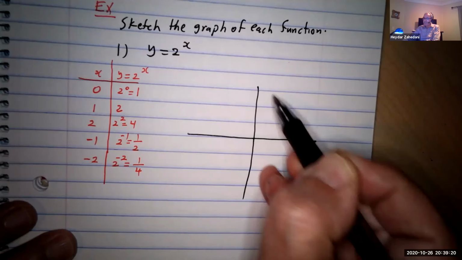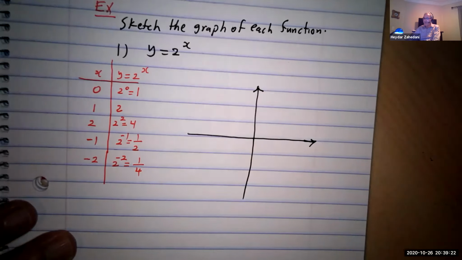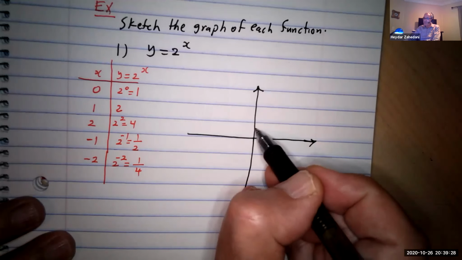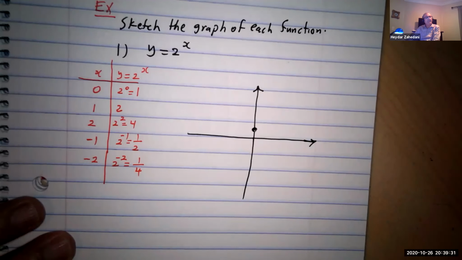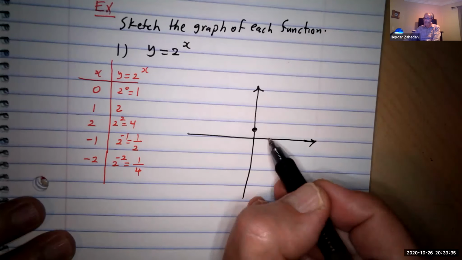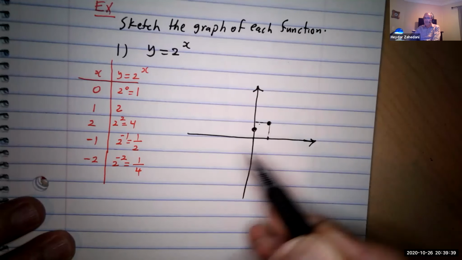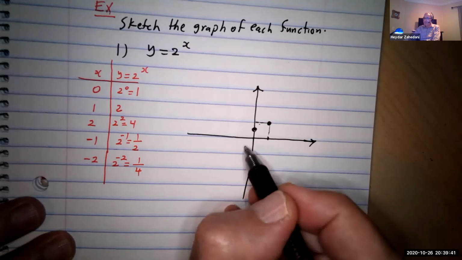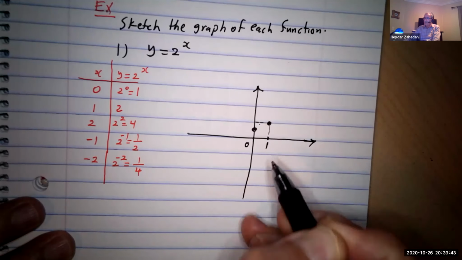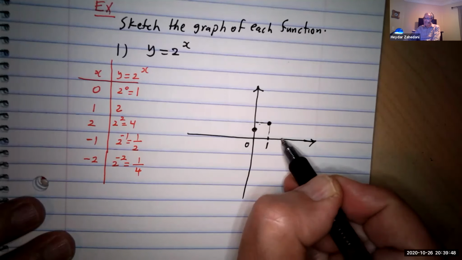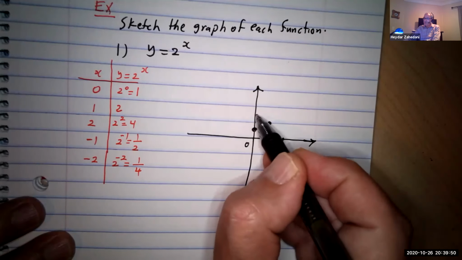So this is it. x equal to 0, y would be 1. Another point, that's a 0, that's 1. Then 2, 4.